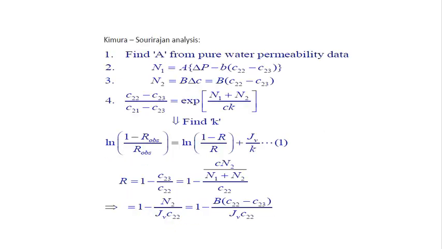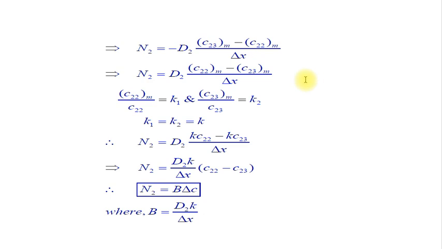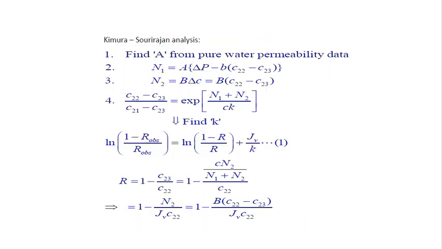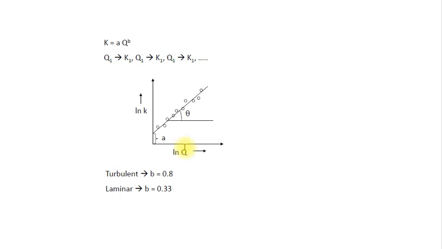This design of experiments was first proposed by Kimura and Sourirajan, and it is called the Kimura-Sourirajan model. Mass transfer coefficients are also calculated this way because, in boundary layer theory, mass transfer coefficients are a function of flow rate.